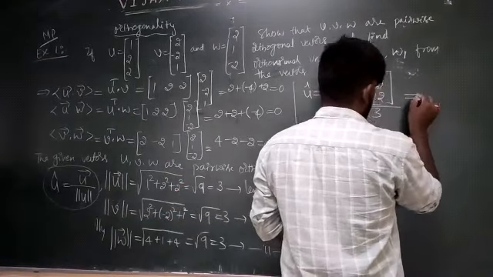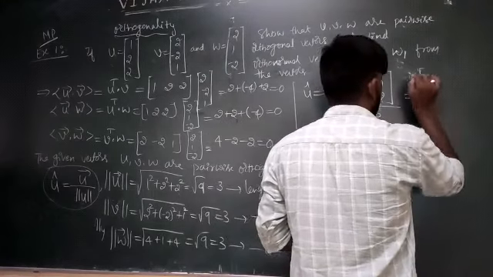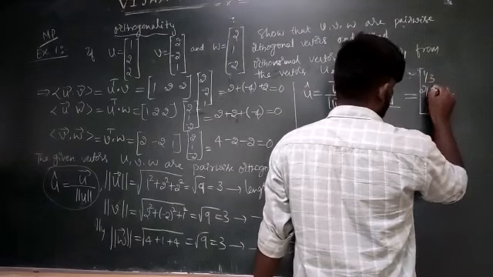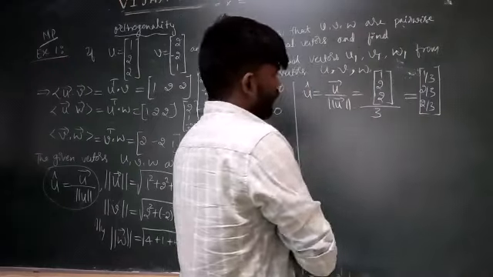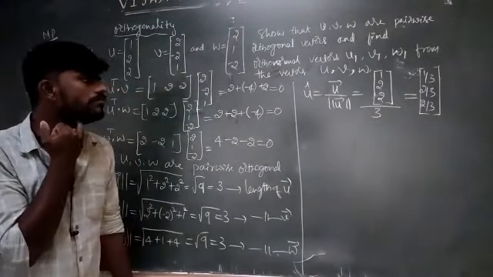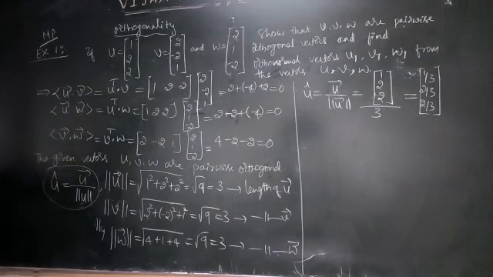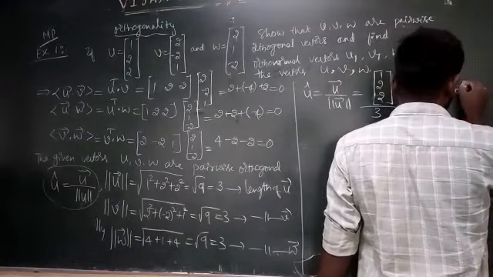Then 3 goes inside the vector, and we get the orthonormal vector as 1 by 3, 2 by 3 and 2 by 3. This is the orthonormal vector of u.